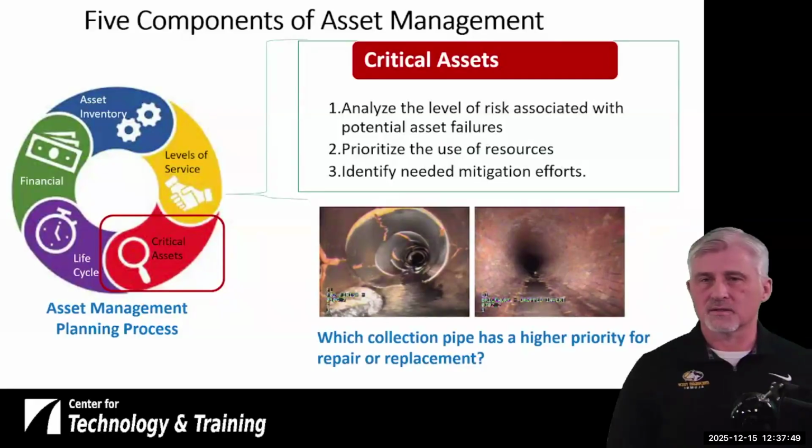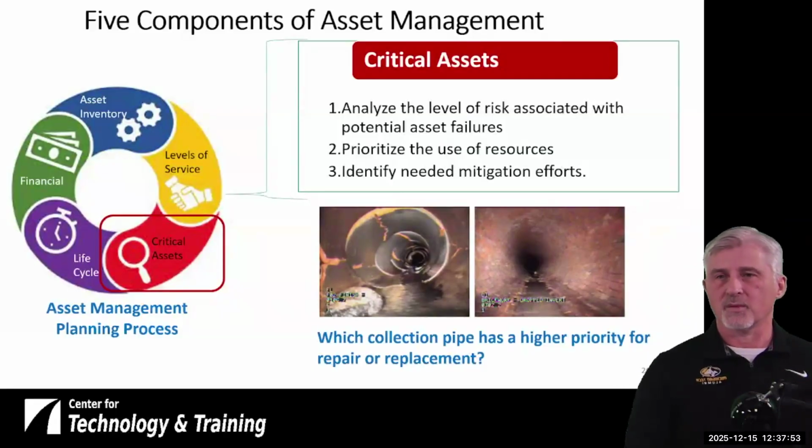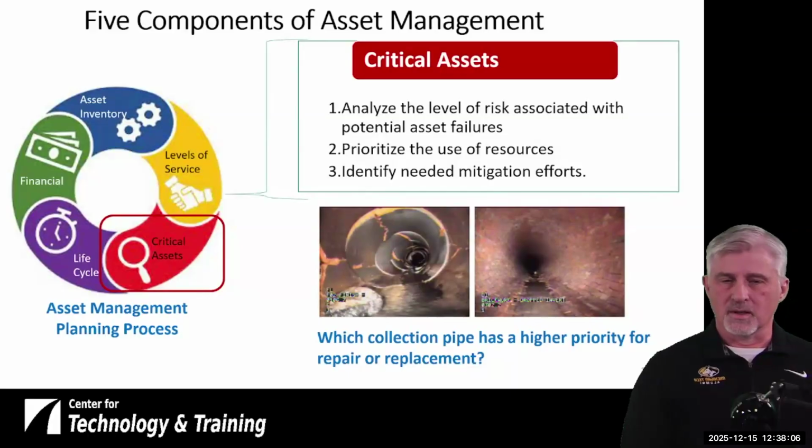If we look at these 2 figures here, on the left is a clay pipe that's relatively new, but as you can see, there's all sorts of cracks, potential separations. So that pipe is actually not in the greatest of shape. The pipe on the right looks to be very old. That's a brick pipe.